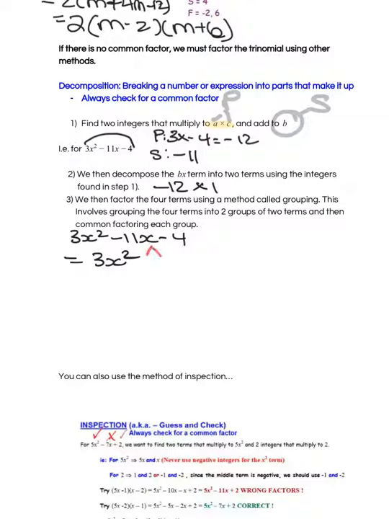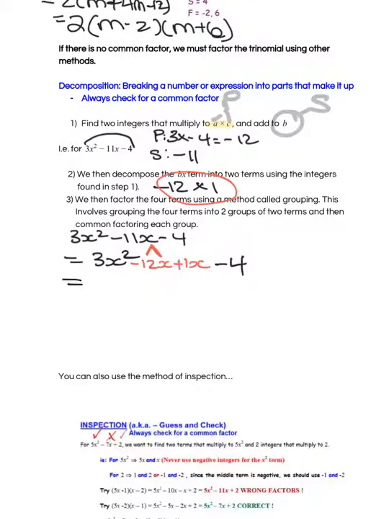Now we are breaking our negative 11x into our two factors. So negative 12x plus 1x minus 4. Okay, again, all I've done is broken this negative 11 into two things that are going to add up to negative 11, which is negative 12 and plus 1.